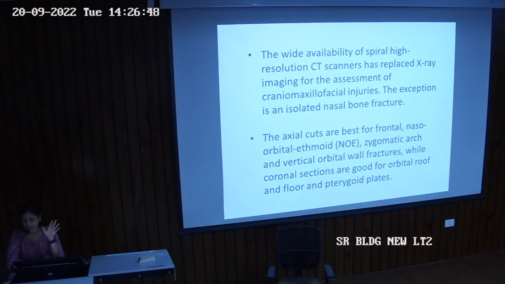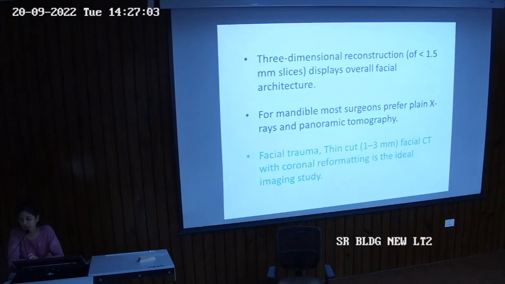So the axial cuts are best for frontal, naso-orbital ethmoid, zygomatic arch, vertical orbital wall fractures, while coronal sections are good for orbital roof, floor, and pterygoid plates. So this was the olden times when we did not have this reconstruction CT. We used to get CT scan done in axial and coronal planes.